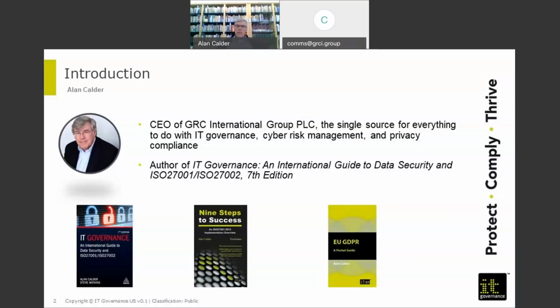I'm Alan Calder. I'm the Chief Executive of GRC International Group. It's a UK-listed cybersecurity and privacy specialist with a growing business based in New York and spread across the whole of the United States. IT governance is the single source for everything to do with IT governance, cyber risk management, and privacy compliance.